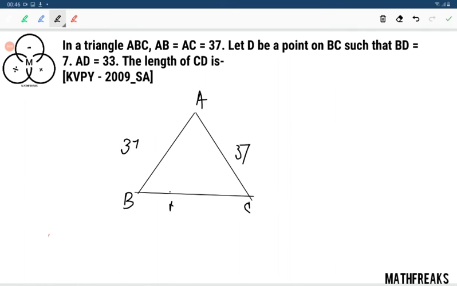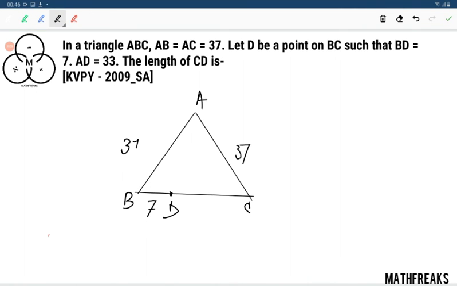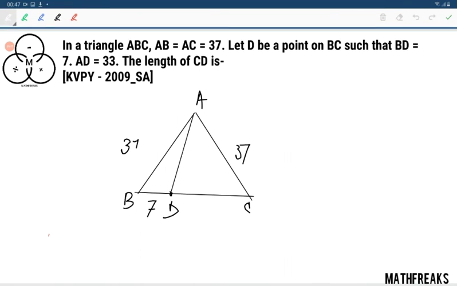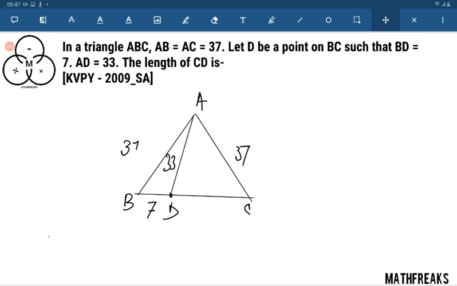Let D be the point on BC such that BD equals 7. This part is 7. The length of AD is 33. We need to find the length of CD.